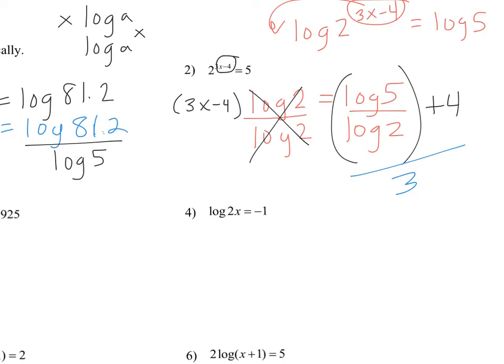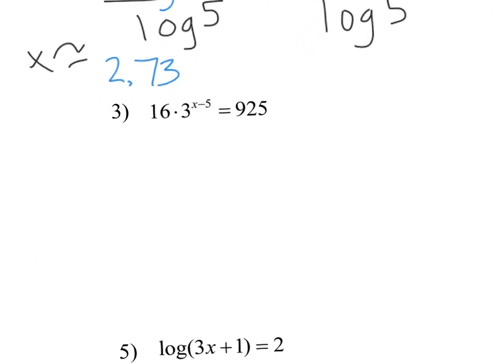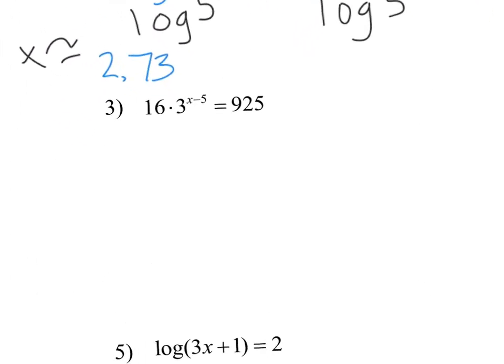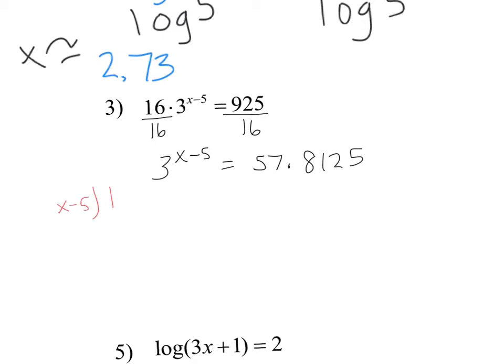Okay, number 3. I need to isolate the base first, so divide by 16. So 3 to the x minus 5 equals a number that doesn't have a repeating decimal, 57.8125, so I don't have to do any rounding. Now I'm going to take the log of each side, so x minus 5 goes out front: (x minus 5) log 3 equals log of 57.8125.